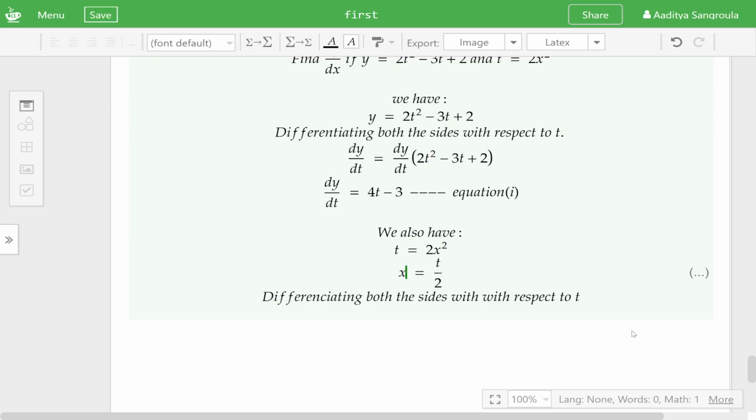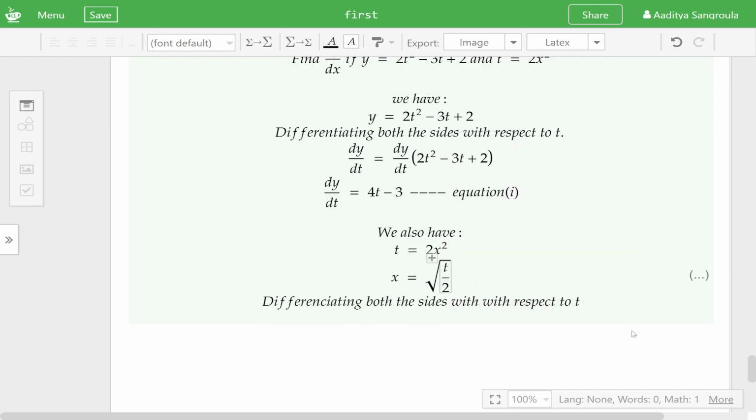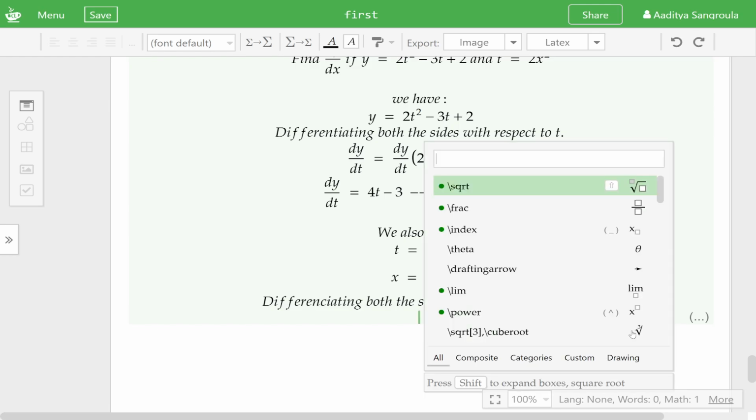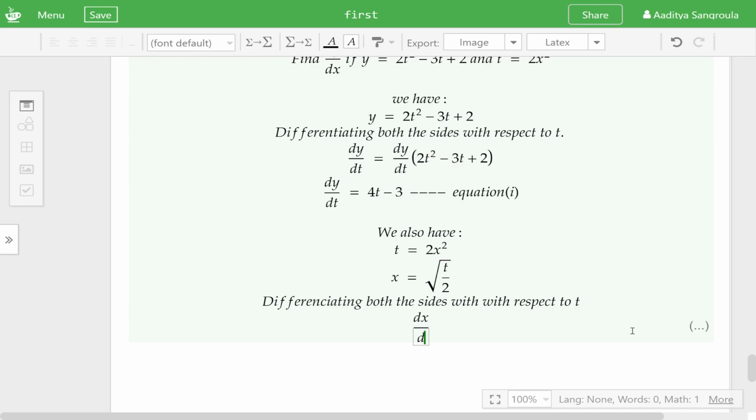And that means x would be the square root of t over 2. And now we will have to differentiate it. So dx over dt would be equal to d over dt of this. We would be differentiating this with respect to t.